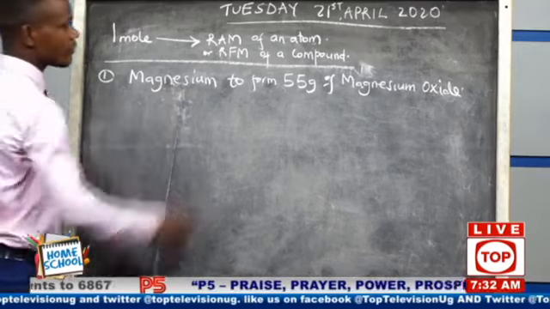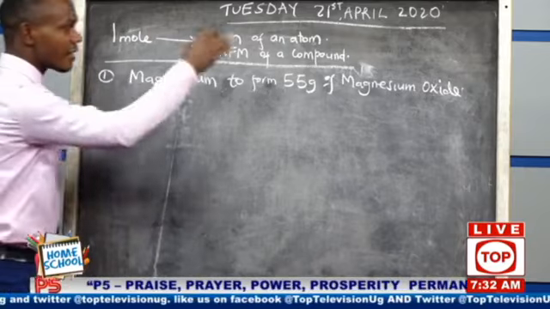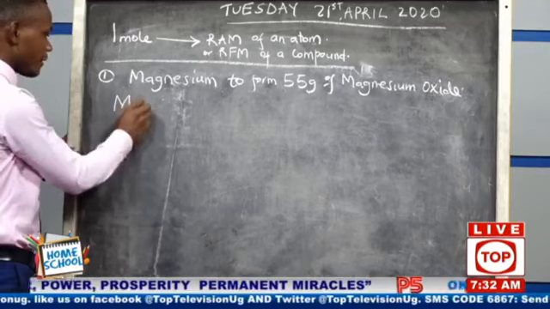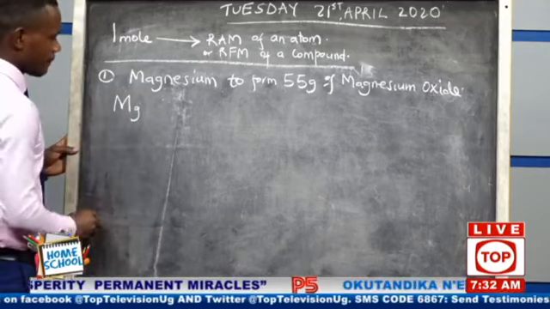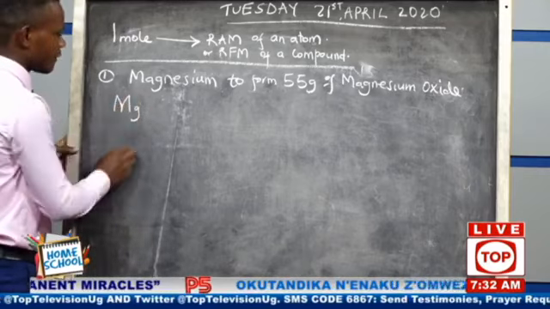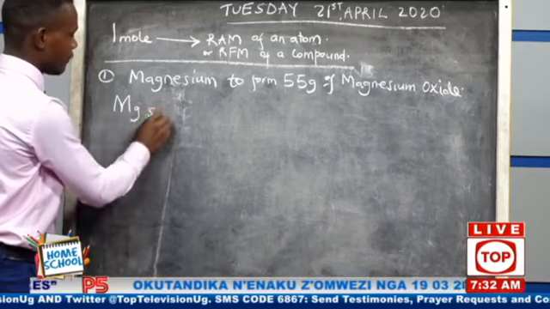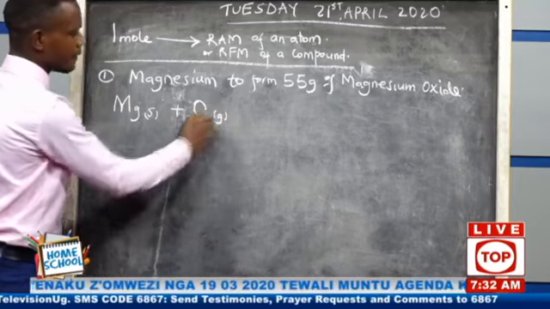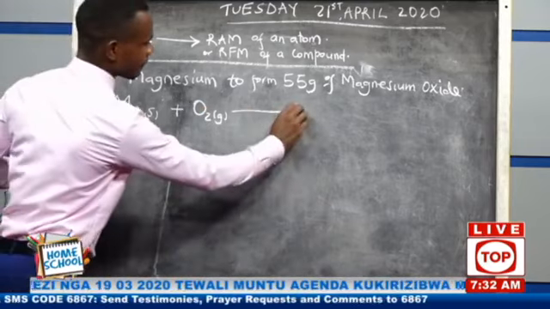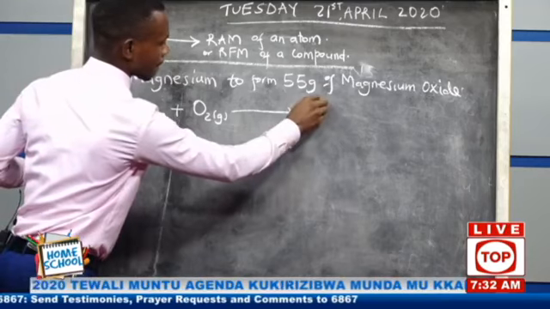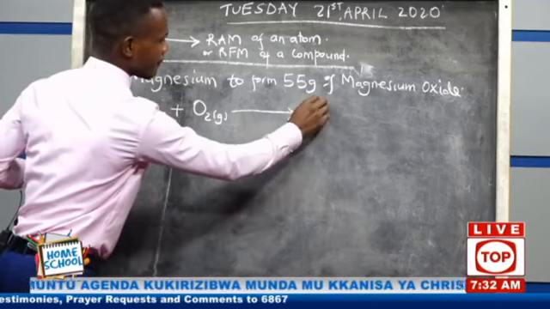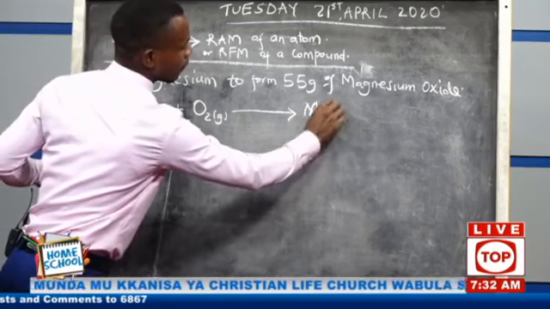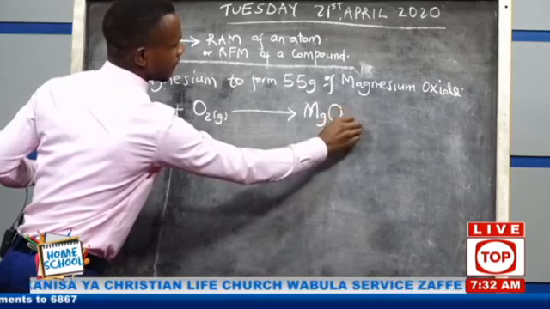Here they have not put oxygen for you, but you need to know that to get magnesium oxide, you react magnesium solid with oxygen gas to get magnesium oxide solid.